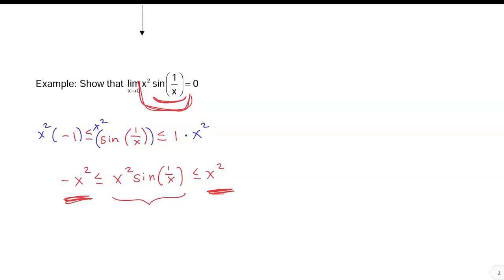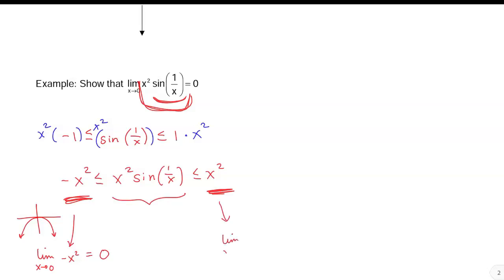Now this is headed to 0, as x approaches 0. So take a look at the first function. Let's find the limit as x approaches 0 of negative x squared. Negative x squared is simply the parabola opening down whose vertex is at the origin. So as we approach 0, this limit approaches 0. Also, we know about x squared.